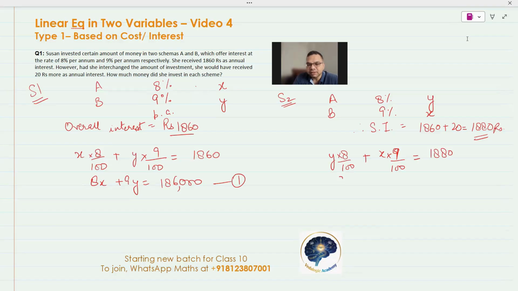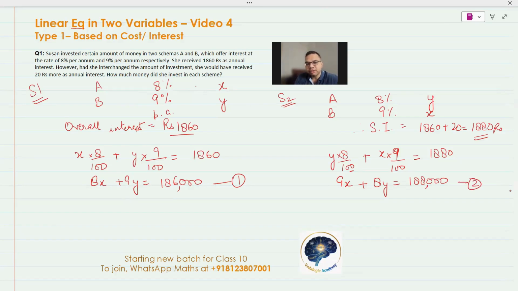So let me write it down like this: 9x plus 8y equals 1880, and then two zeros more, because I have removed the 100 from the denominator and moved it to the right hand side. So it's in the numerator now. It becomes 188,000. Now this becomes the second equation for us.